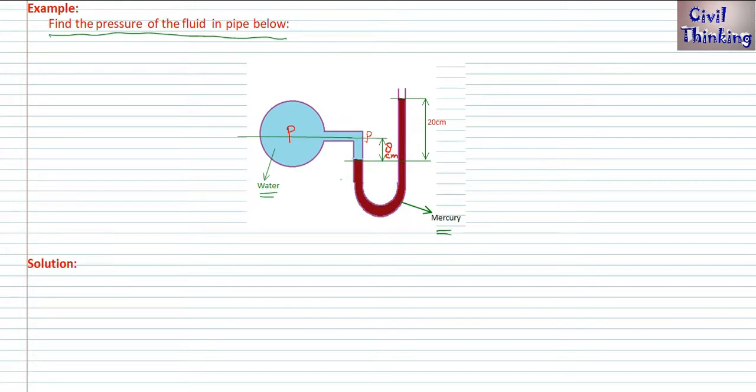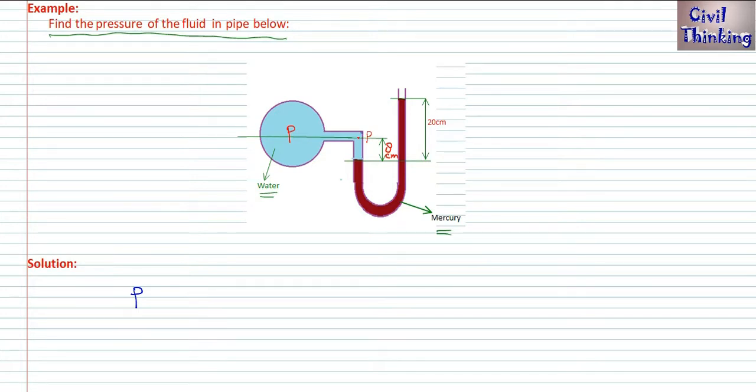Here is water, here is water too. Therefore the pressure here is P again. So we write P. Now we don't have to go up, because here is nothing. The pipe is going downwards, so we go downwards.